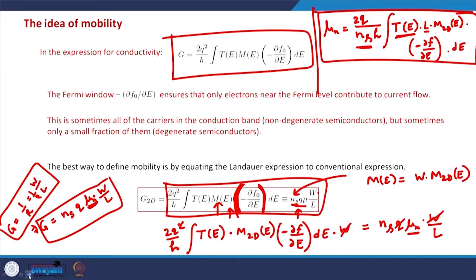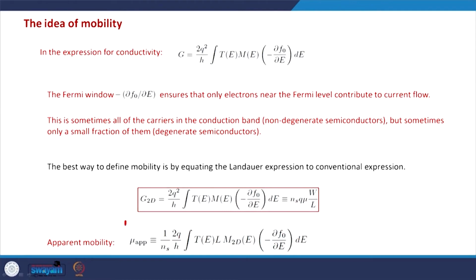In our conventional understanding, mobility is independent of the length. Mobility is a material parameter, and it depends on the temperature definitely. So this is essentially the mobility that we have just written down from this comparison.